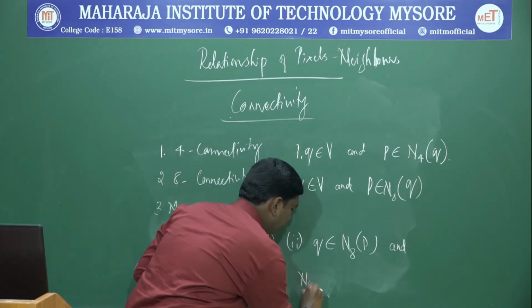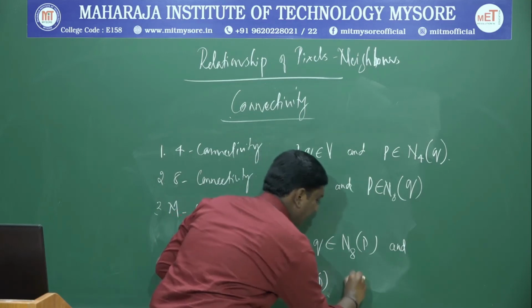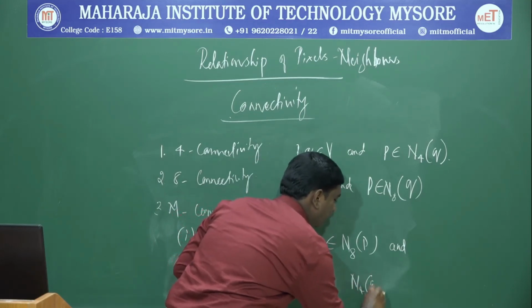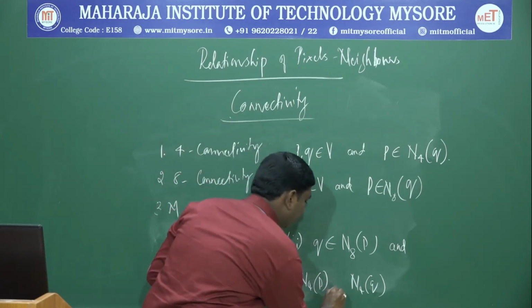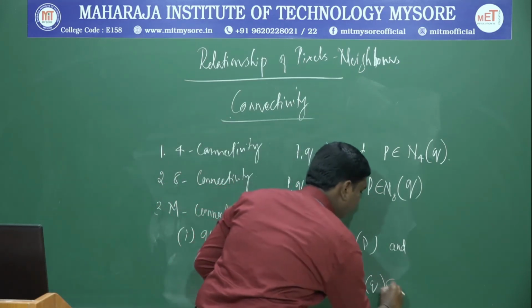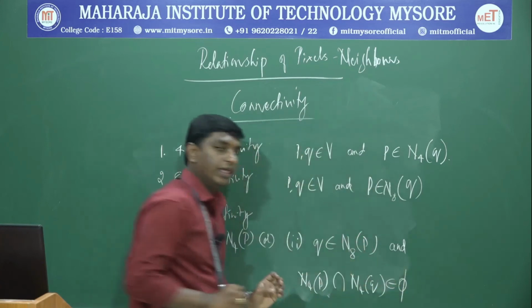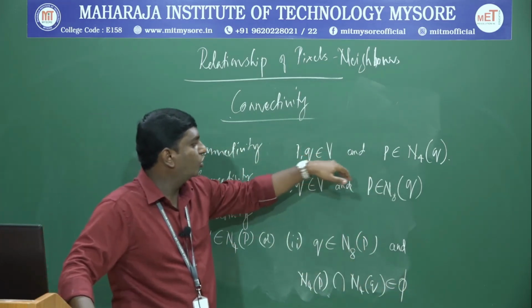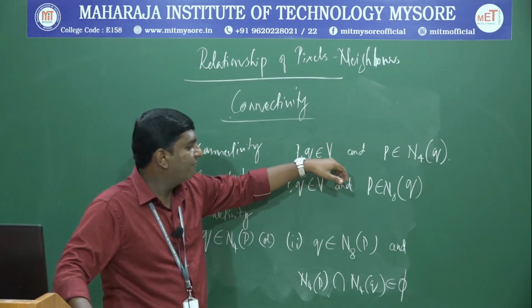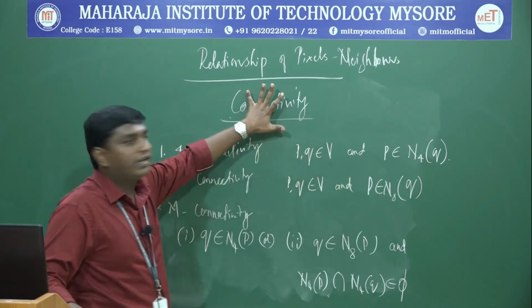That means N4 of P and N4 of Q should not have a common pixel. That means if I take an intersection of these 2, it should be null. So 3 conditions are there.